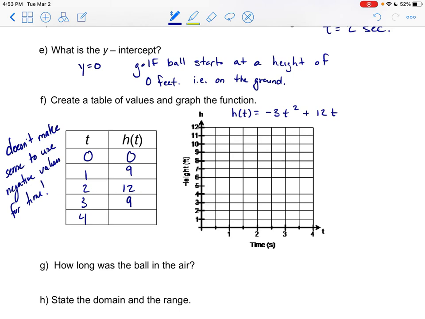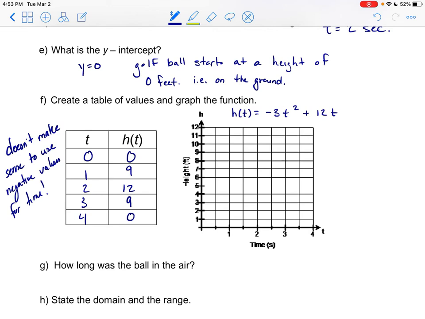And then we'll plug in a 4 there and get 0 again. Yeah, you guys can work that out if you'd like.